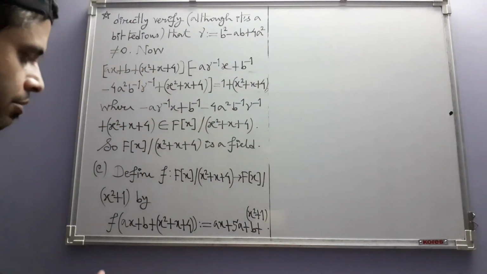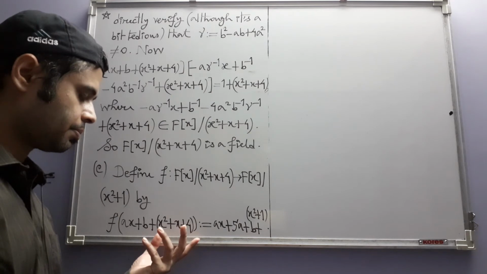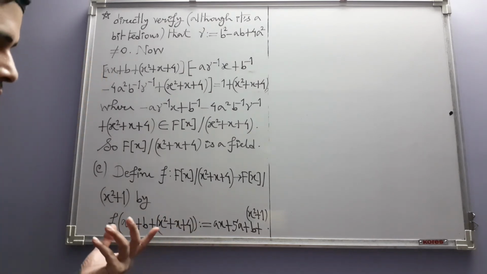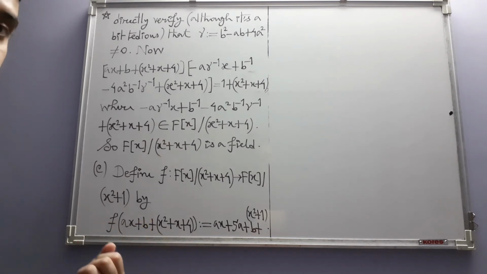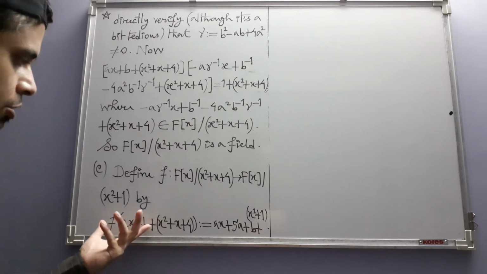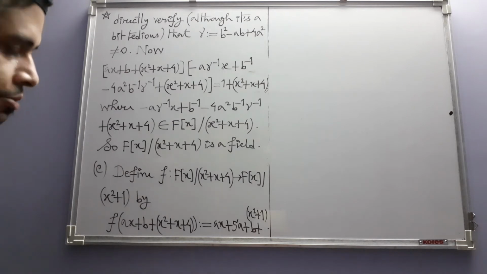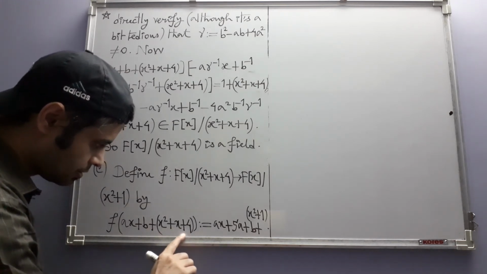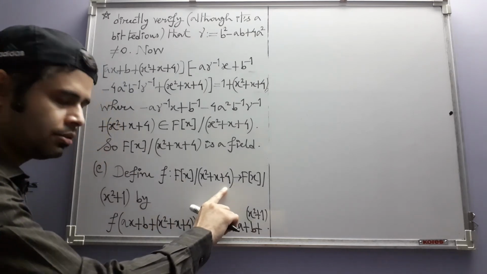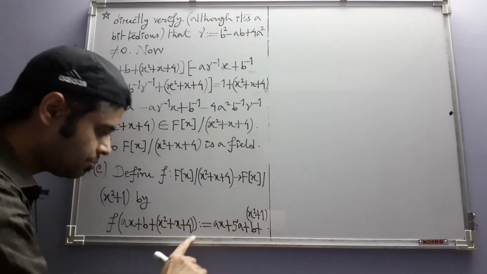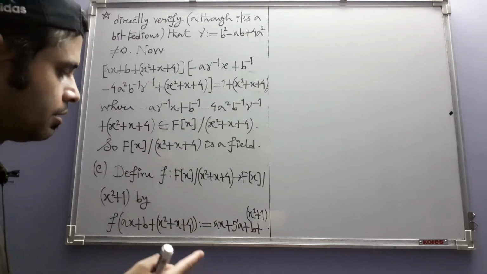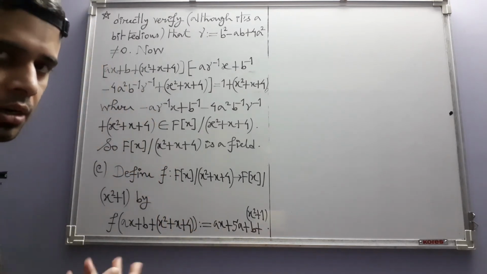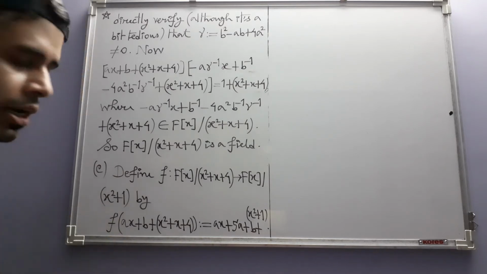Now I am going to leave showing that this function is well defined and it respects addition to you. Showing that the function is well defined amounts to taking two such cosets in the domain, assuming that they are equal and proving that their images are also equal. That will tell us that the function is well defined.